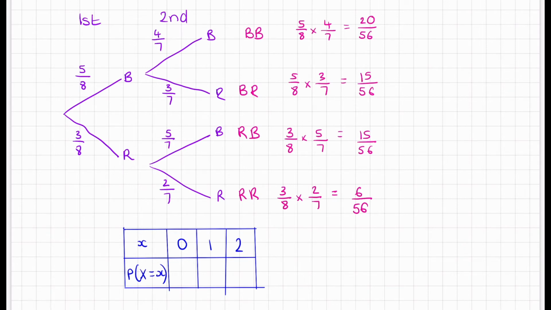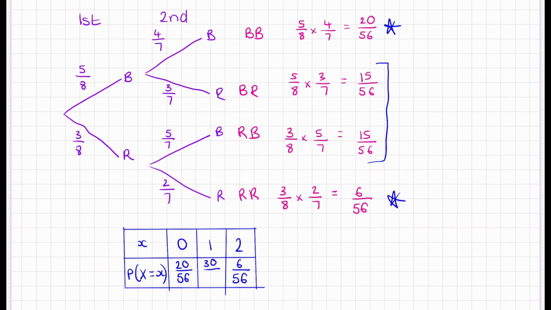So the probability of 0 red socks would be black, black being pulled out, which if we look here is this one that I've just starred. So that's 20 out of 56. 2 red socks would be red, red. I'm just going to go to the last one, which would be the second one that I've starred, so that's 6 out of 56. And then 1 red sock is the 2 middle ones, and it would be those 2 added together, which is 30 out of 56.